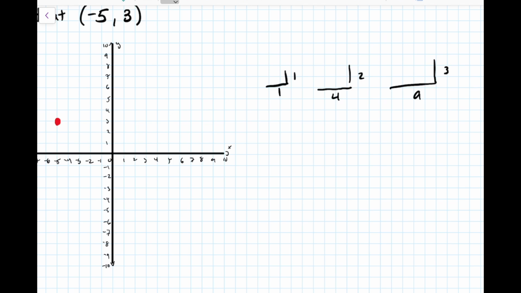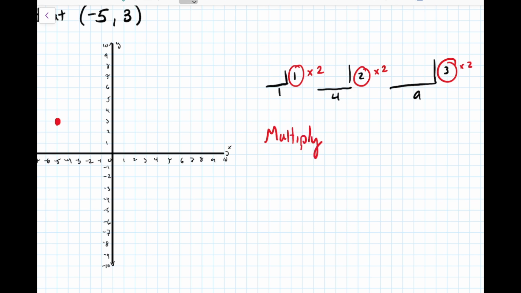So just like when we were dealing with quadratics, that a value is actually going to do the exact same thing. If you remember back then, it multiplied all of your vertical distances by a. And we're going to do the exact same thing here. Those vertical distances, 1, 2, and 3, are all going to get multiplied by our a value, which is 2.